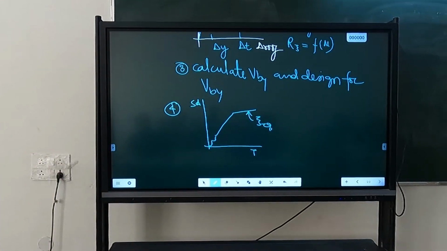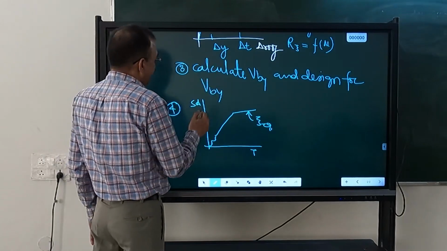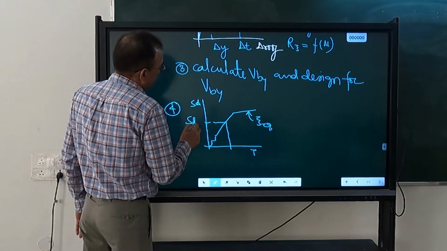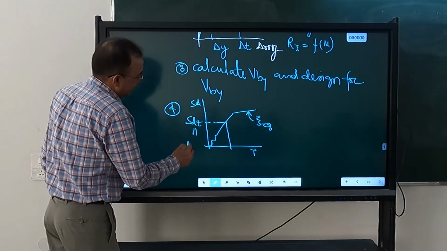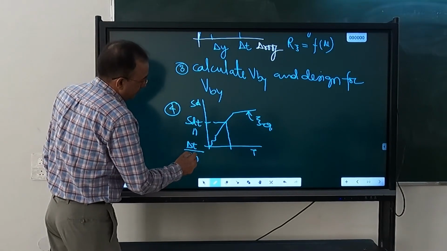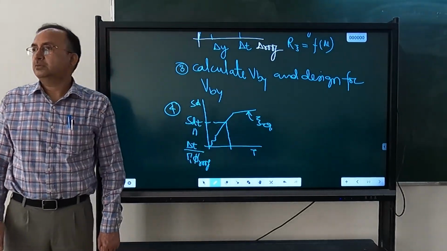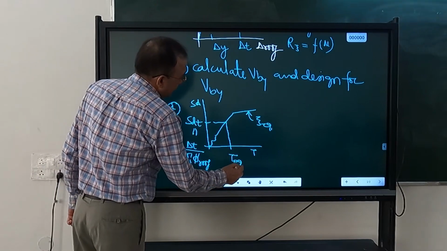Xi equivalent you have already calculated, or reducing by R xi, you will calculate SD versus T, and then whatever is the target spectral displacement. This SDT is what? Delta T divided by gamma 1 phi. So that will give you SDT. Corresponding to this, you can calculate T equivalent.